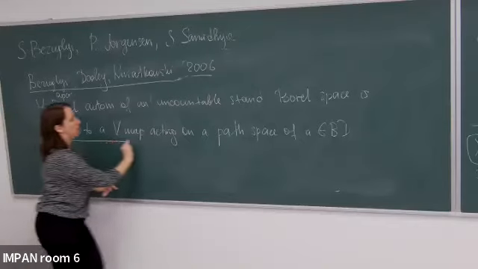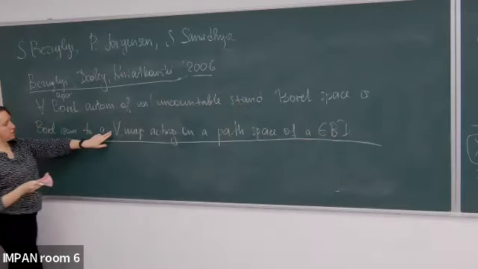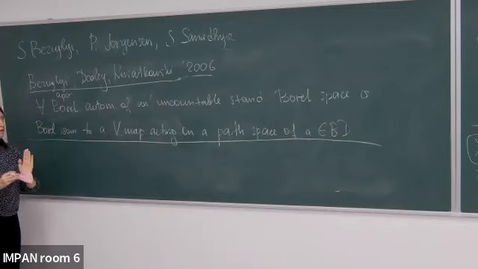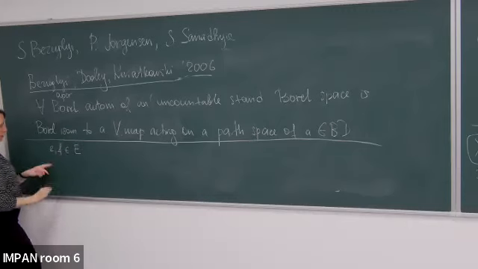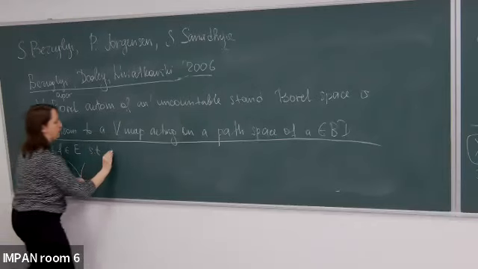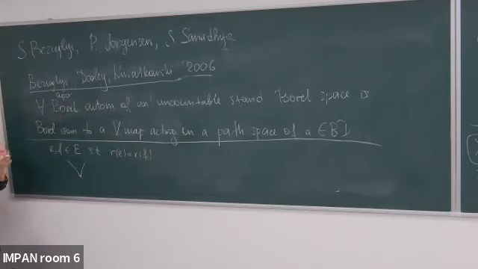So let us recall what an ordered Bratteli diagram is. In order to introduce dynamics, we have to put a partial order on the set of all edges. So if we have two edges such that they have the same range, then these edges are comparable.